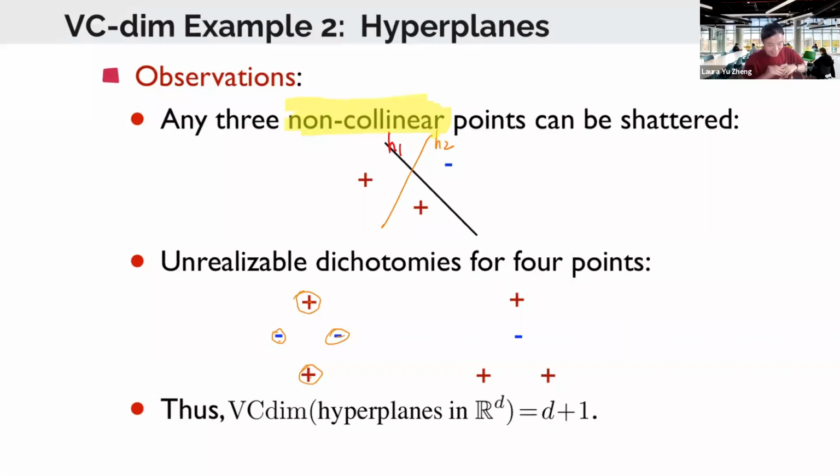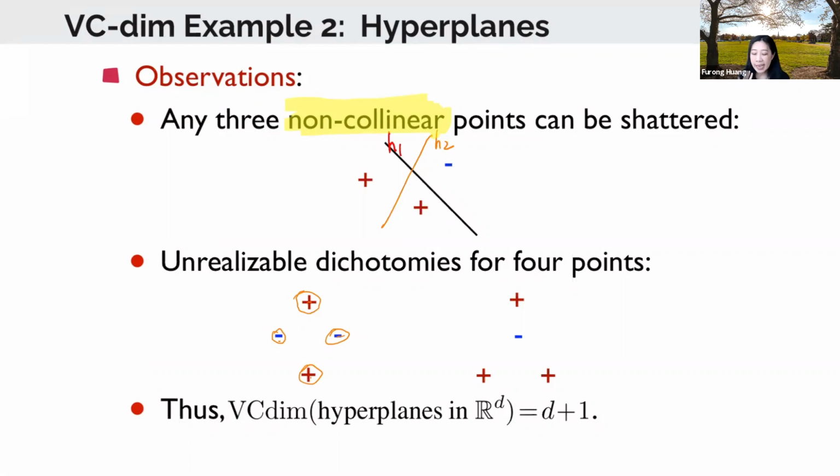I'm just staring at the slides, but to prove that it's unrealizable, do you just have to find an example? Like in this case, with 4 points, do you just have to find an example where no set of hypotheses shatters the data? That's not true. It's not about existence.